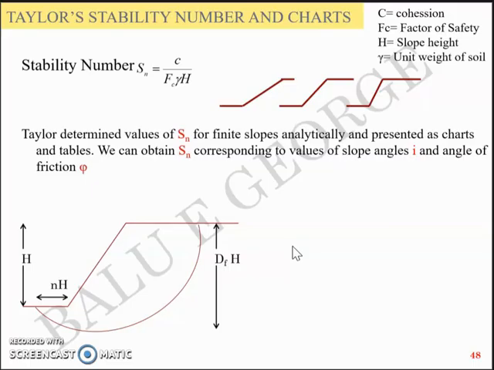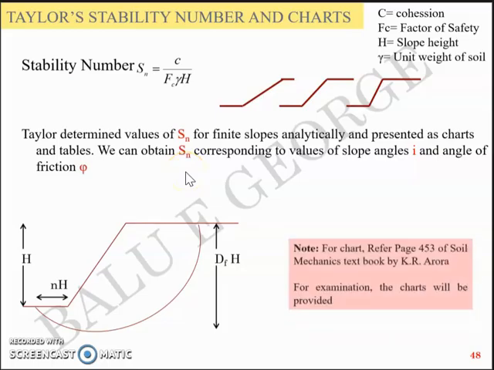So he made our job easy by considering different geometries and arriving at the finite slope failure and hence the stability number Sn, and presented the populated data as charts and tables. So we can obtain the stability number corresponding to the values of slope angle i and angle of friction phi. So that is the concept of Taylor's stability number and stability chart.